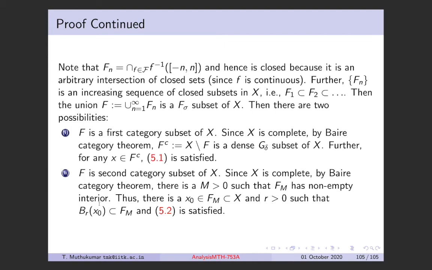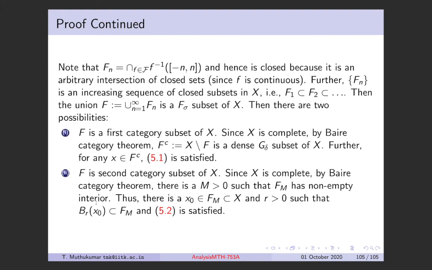Because if they all have empty interior, then this is a countable union of nowhere dense sets. But X is a complete metric space, so that's not possible. So one of the Fm's in the union should have non-empty interior, which means there is an x0 in Fm and there is a radius r greater than 0 such that the entire ball centered at x0 is contained in Fm, because non-empty interior means there is an open ball contained in that.